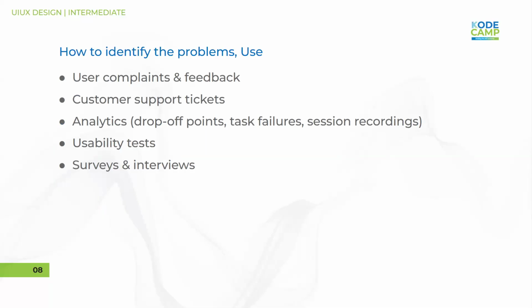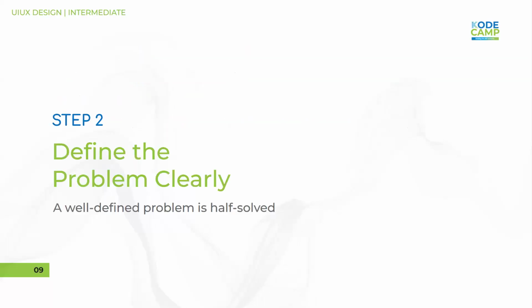It can be from analytics, from usability tests, and also from surveys and interviews. So if your team is working on a project, first of all, you need to ask why and where users get stuck while trying to achieve their said goals.